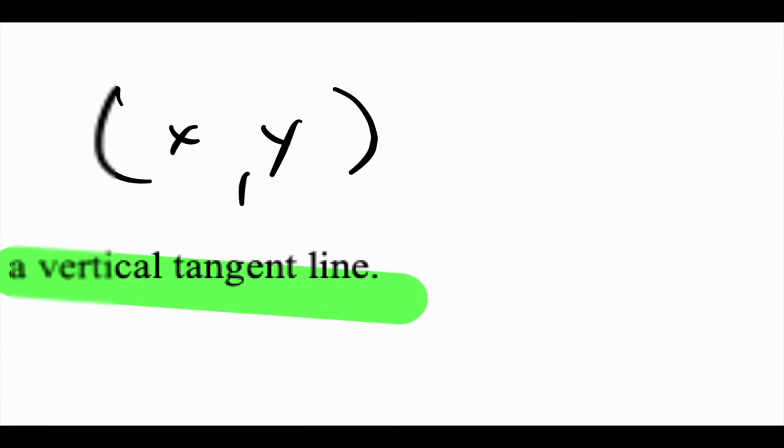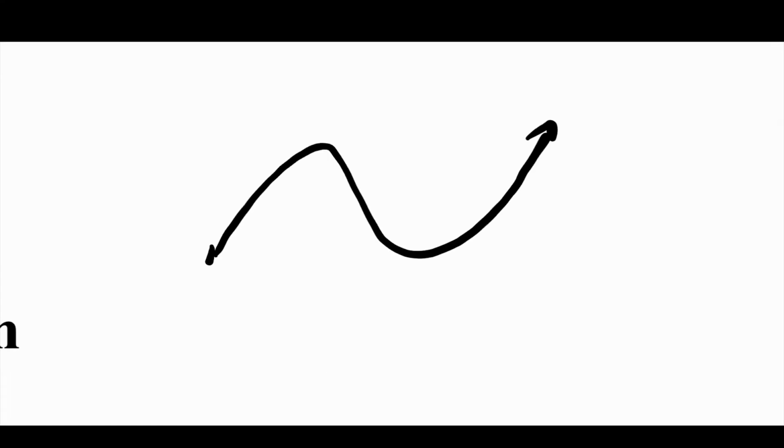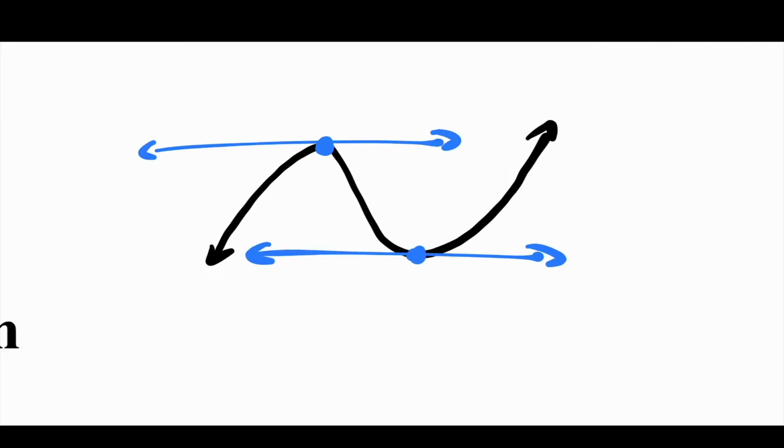Let me draw it again. If I have a function like this, those are horizontal tangent lines, because they're tangent and they're horizontal. What's their slope? 0. What do you think vertical tangent lines are going to look like?